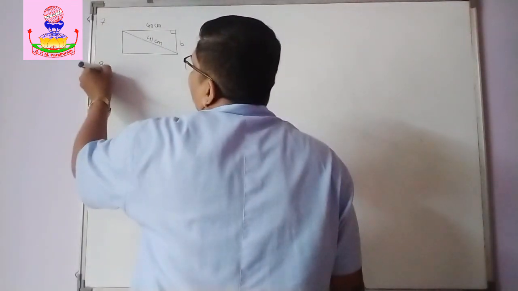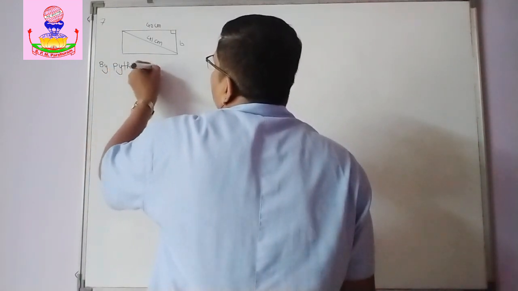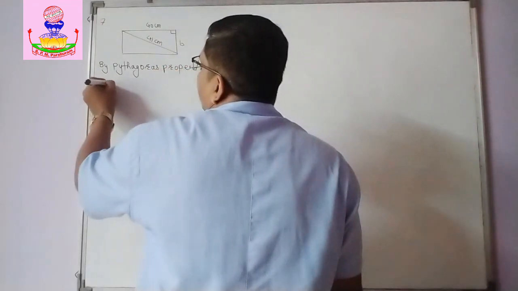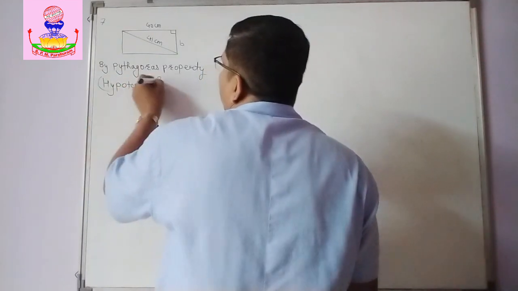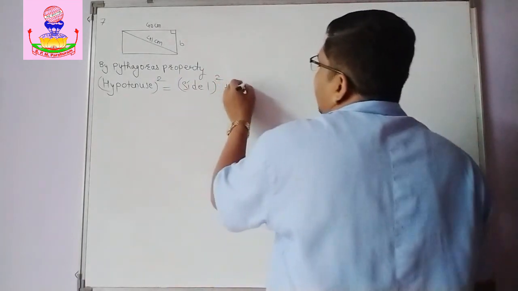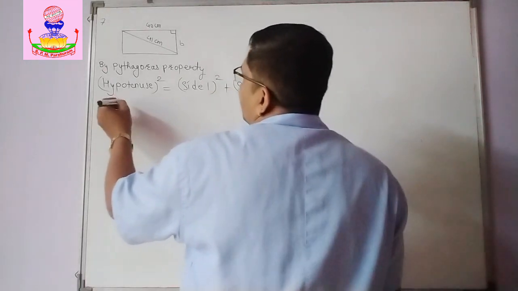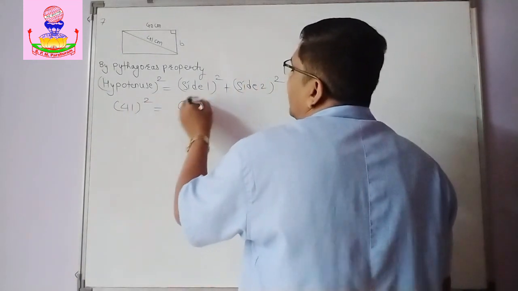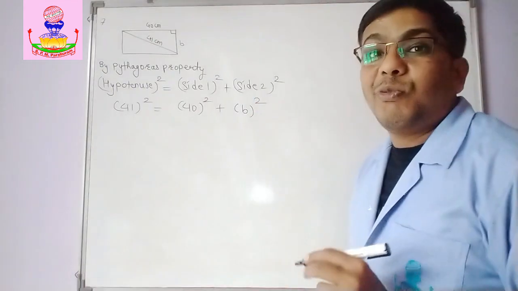Okay, so by Pythagoras property, hypotenuse square equals to side 1 square plus side 2 square. Right? So hypotenuse square, that is 41 square, that is equal to side 1 40 square, side 2 B square.